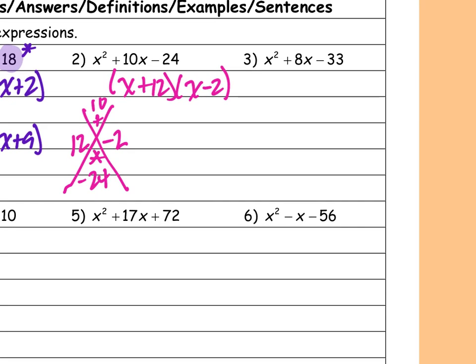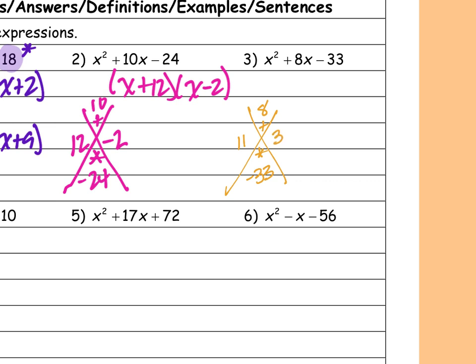And then for the last one, number 3, I need two numbers that multiply to be negative 33 and add to be 8. Oh, there's only two numbers that multiply to be 33. That would be 11 and 3.